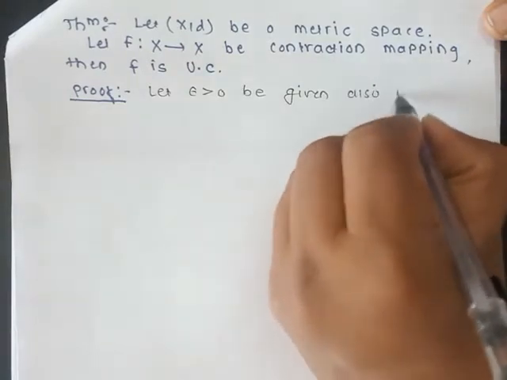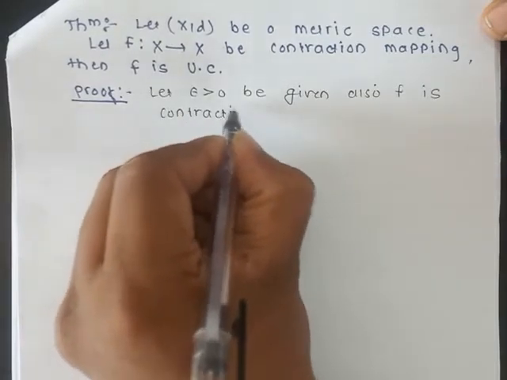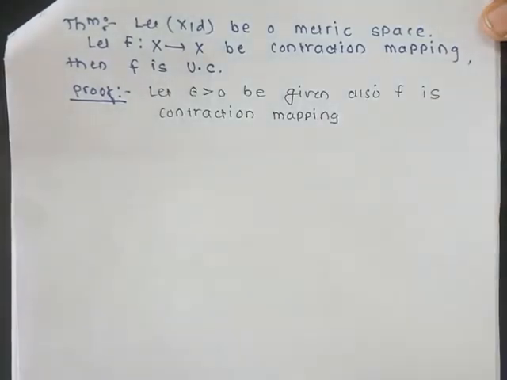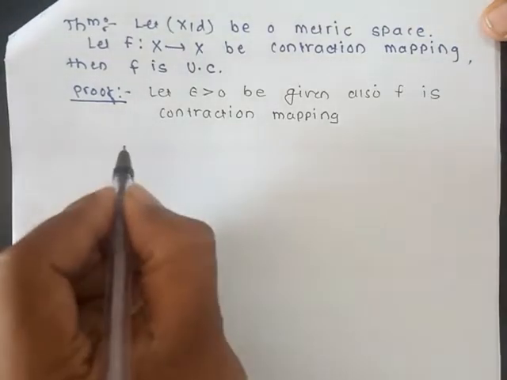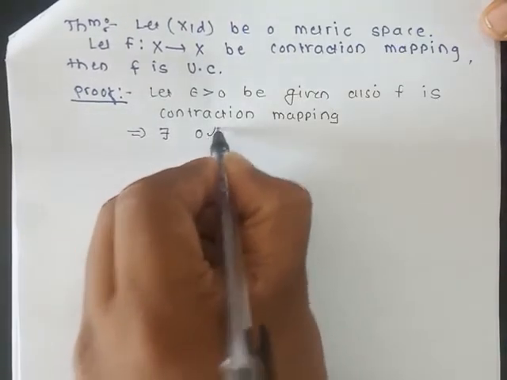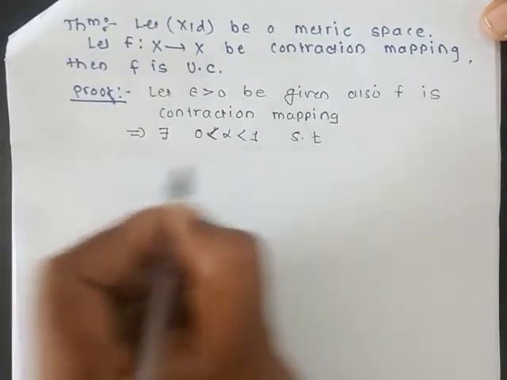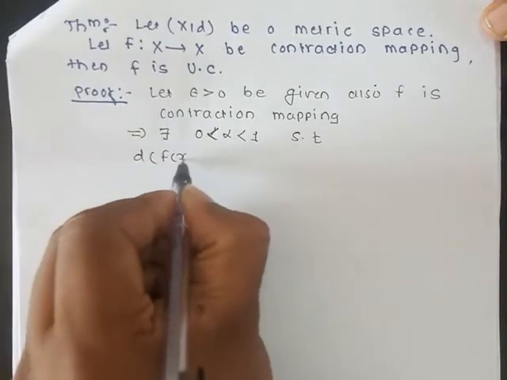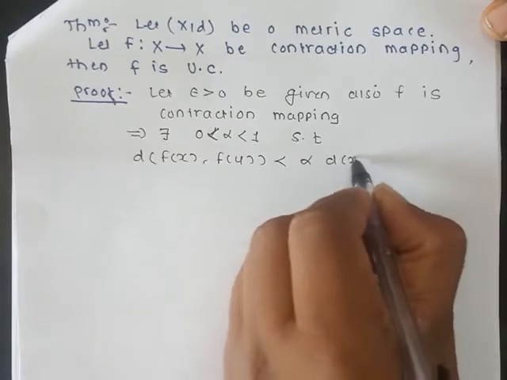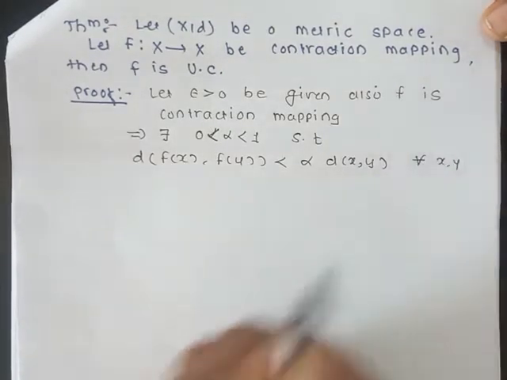Also F is a contraction mapping. This implies there exists alpha lying between 0 and 1 such that d of f of x comma f of y is less than or equal to alpha into d of x comma y for all x comma y.